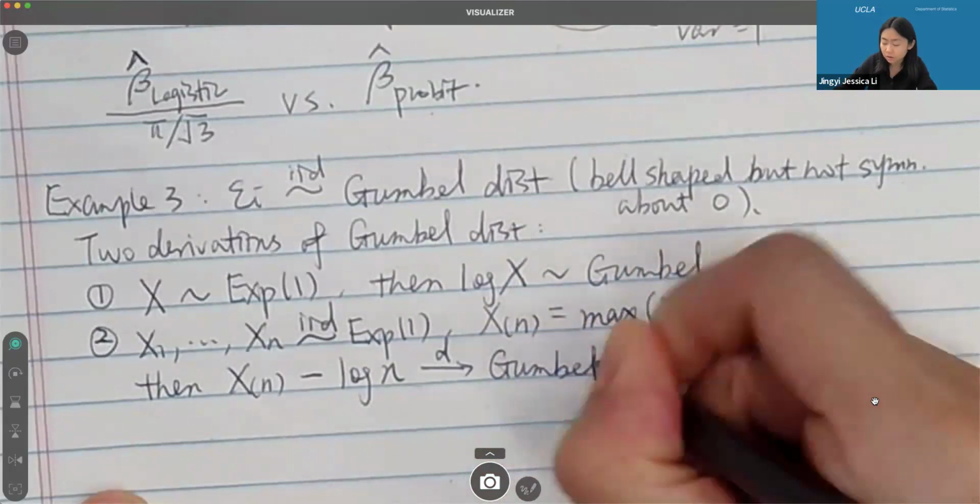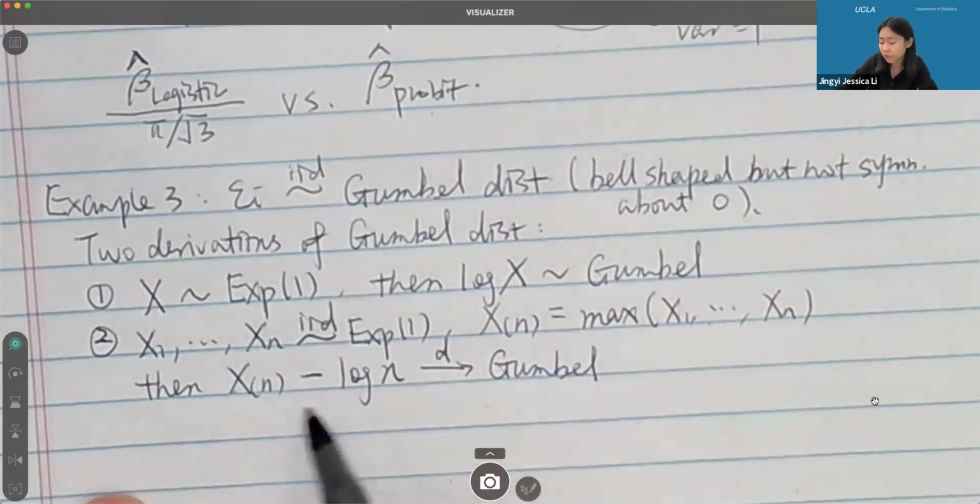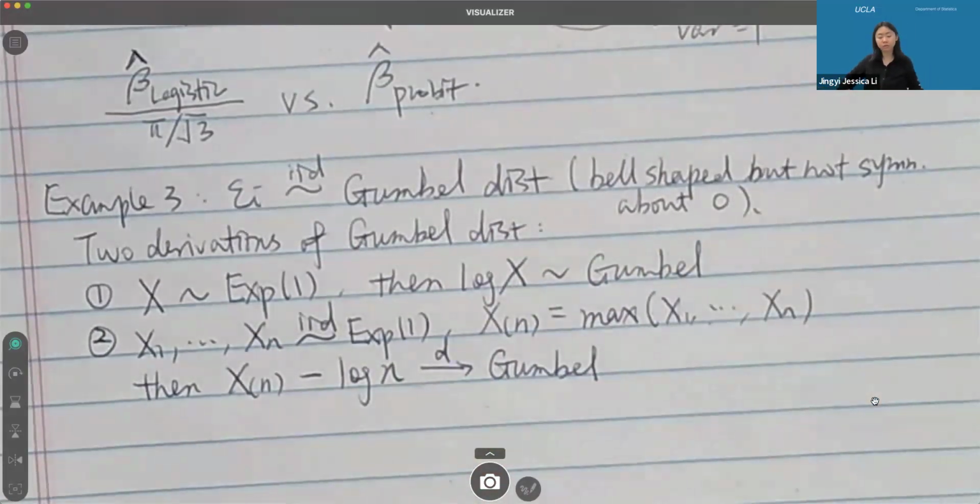That is, the larger the n, the closer this term will be to a Gumbel distribution. So that's another way to derive the Gumbel distribution. Anyway, Gumbel is an interesting distribution.